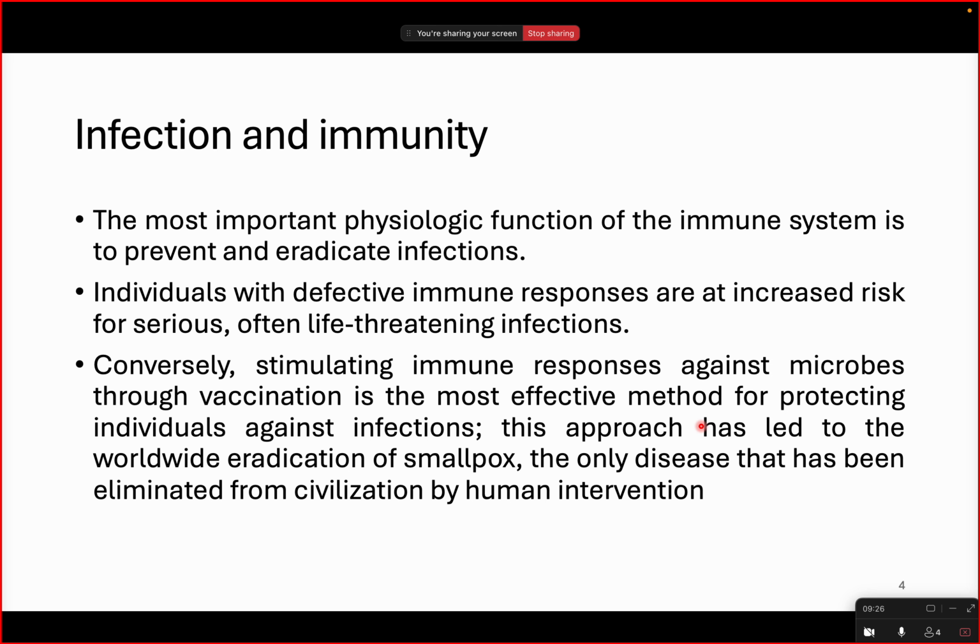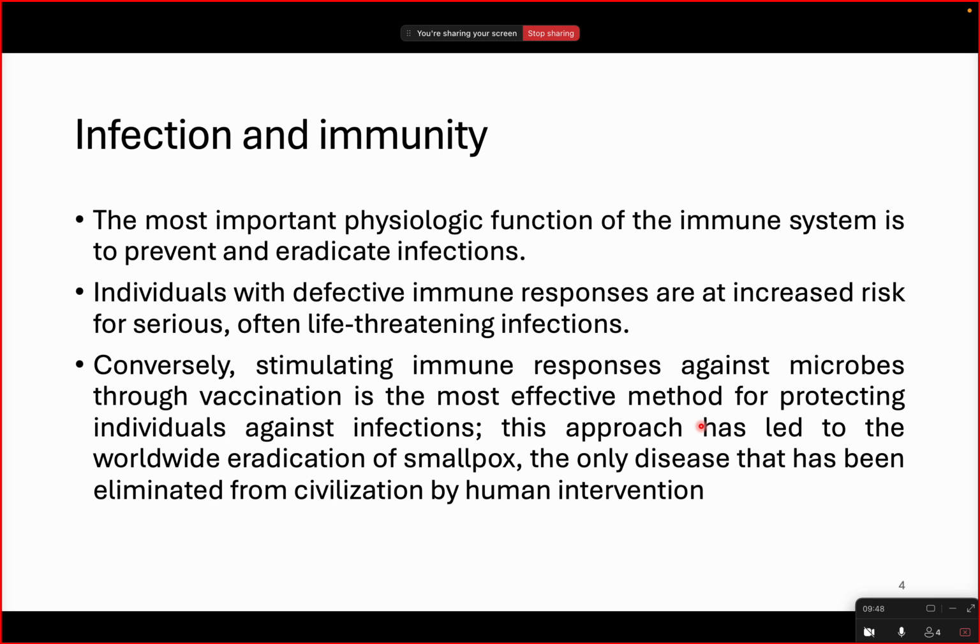Then we saw what infection and immunity are. Stimulating immune responses against microbes through vaccination is the most effective method for protecting individuals against infections. Now you know why we are saying this, right? If you already have a memory of things, the infection won't affect you to the extent it would have if you never had any memory.